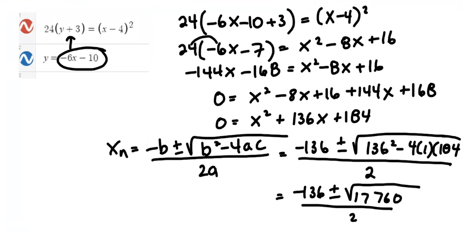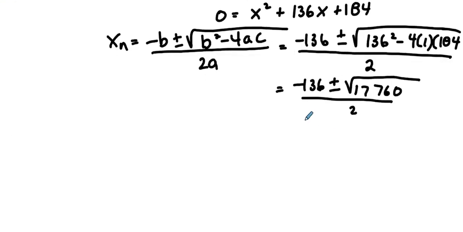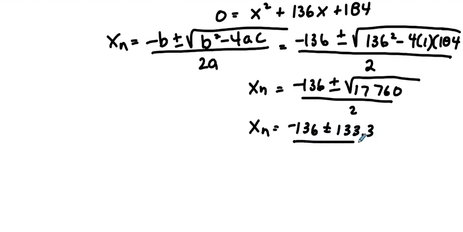Okay, so the two values for x. 133.3. So we have 136 plus or minus 133.3 divided by 2.